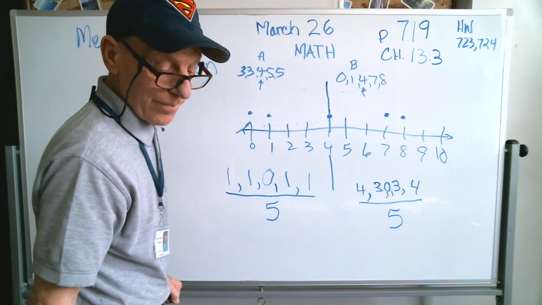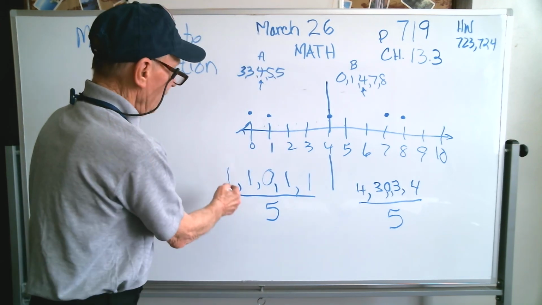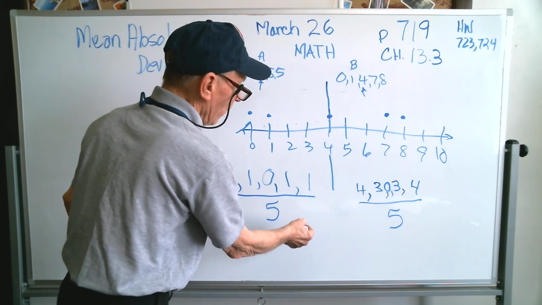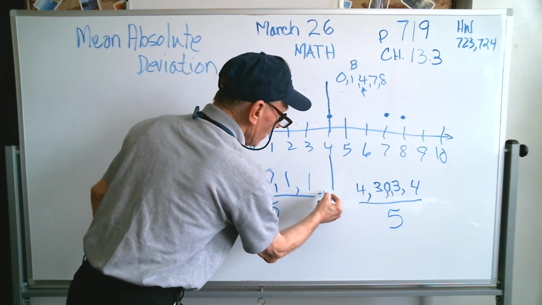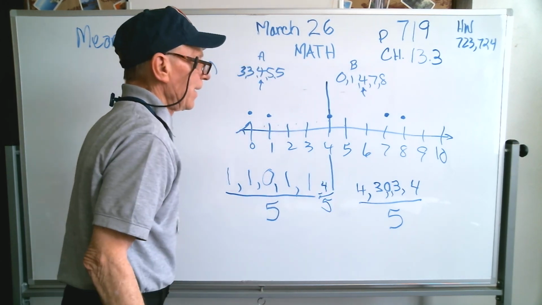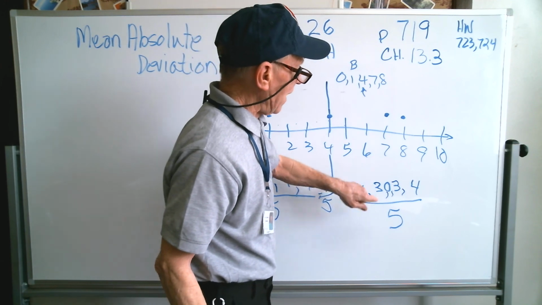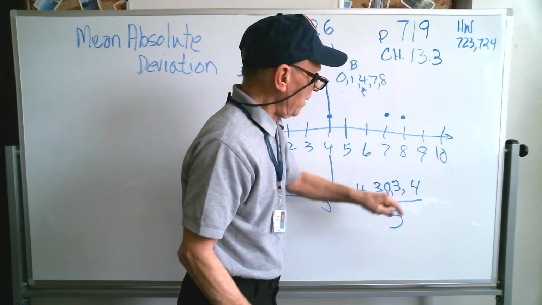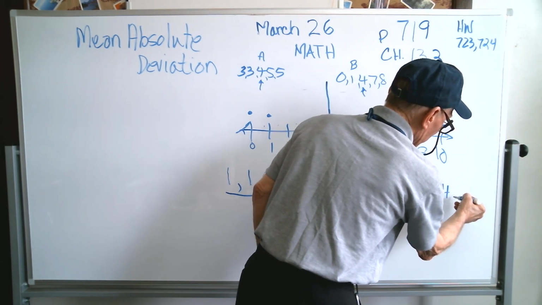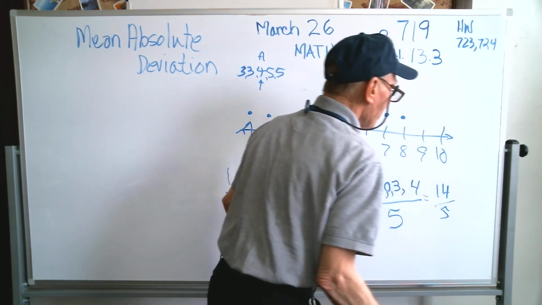Now, 1, 2, 0, 3, 4. This is going to equal 4 over 5. Here we've got 4, 7, 10, 14. So this is going to equal 14 over 5.